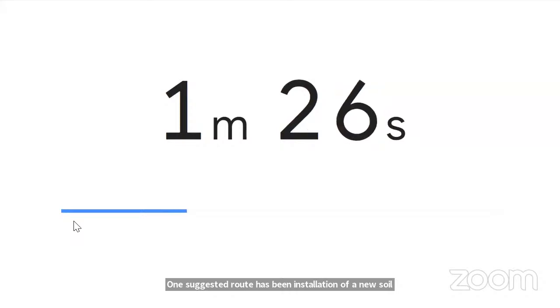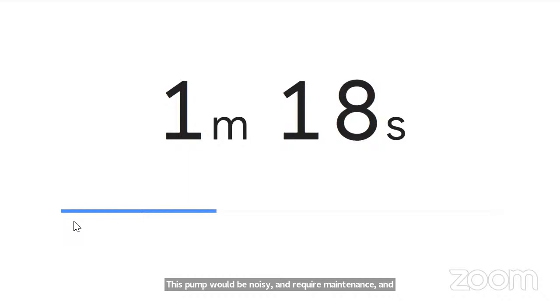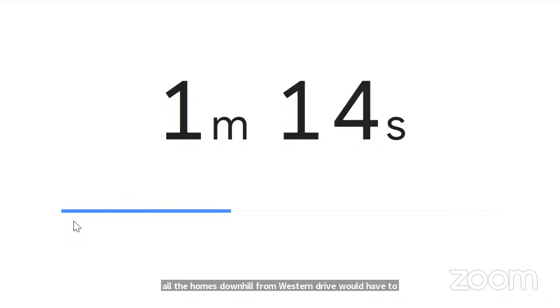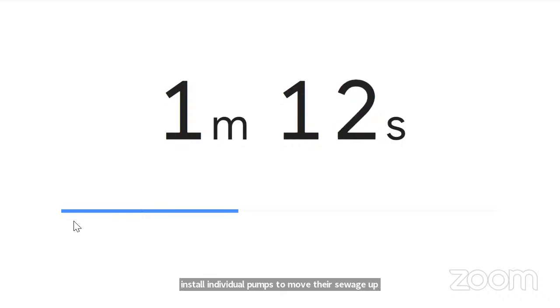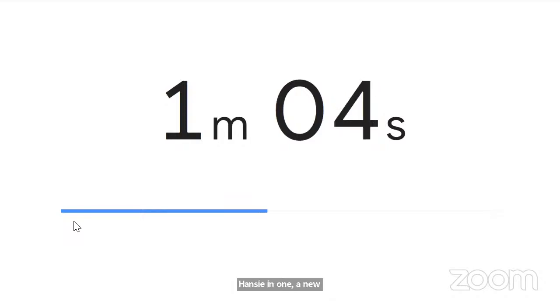One suggested route has been installation of a new sewer main down Western Avenue to Marine, where there would be a pumping station to get the sewage over the hill to Tewksbury. This pump would be noisy and require maintenance, and all the homes downhill from Western Drive would have to install individual pumps to move their sewage uphill. A far more workable plan was proposed by Norman Hansky, in which a new sewer line would basically follow 580.